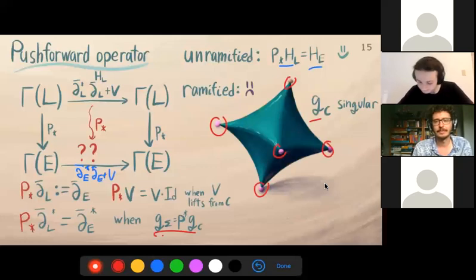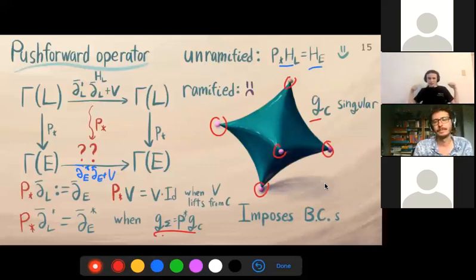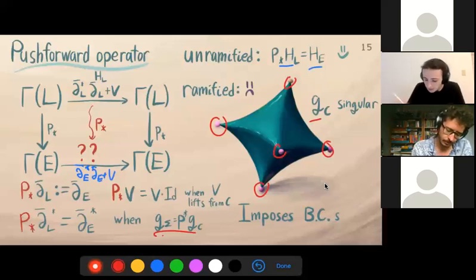It's no good. So, I don't necessarily want to put this on the record because we're still working this out, but I think it's safe to say that how we deal with this is ultimately trying to find the push forward operator in this ramified case.